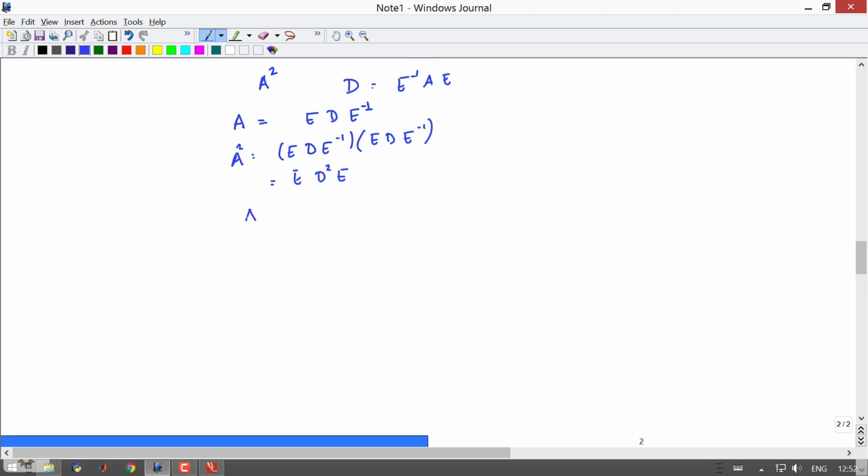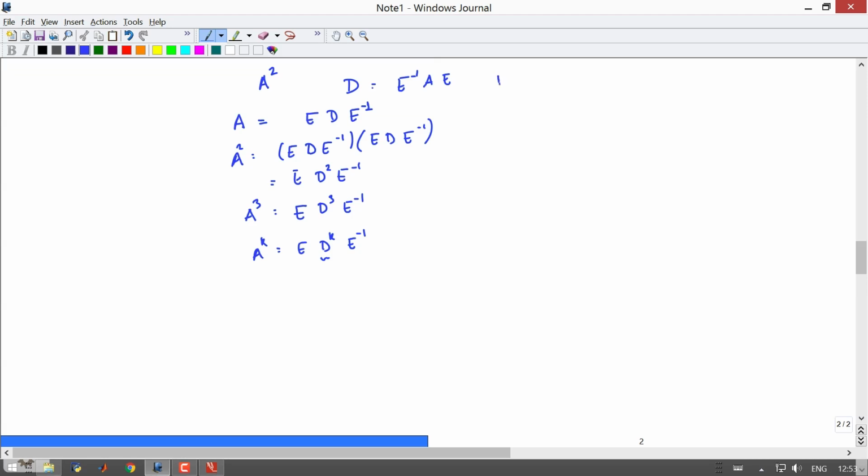Similarly, I can write A cube to be E, so there should be an inverse somewhere here, right? It's here. E D cube E inverse, and similarly any kth power can be computed this way. Now this is an easy matrix multiplication, right? What do I know?